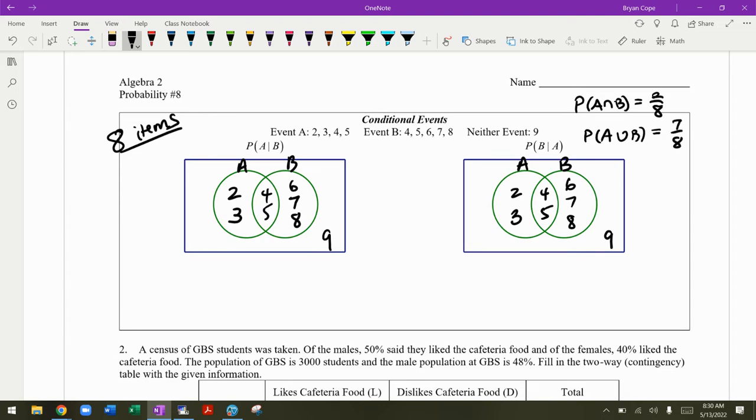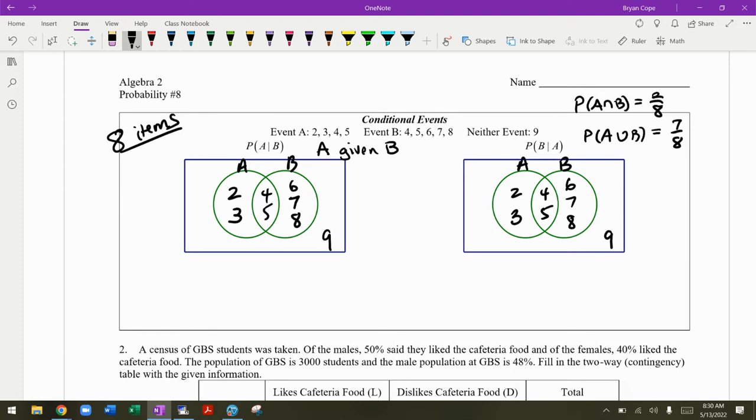7 of them. Okay? We're going to ask something new now that allows us to do this thing called conditional probability. You see that little vertical bar where it says P(A | B)? What does that mean? This means the probability of A given B, or the better way to say that might be the probability of being in A knowing that you're in B. In other words, the set of B is the denominator.